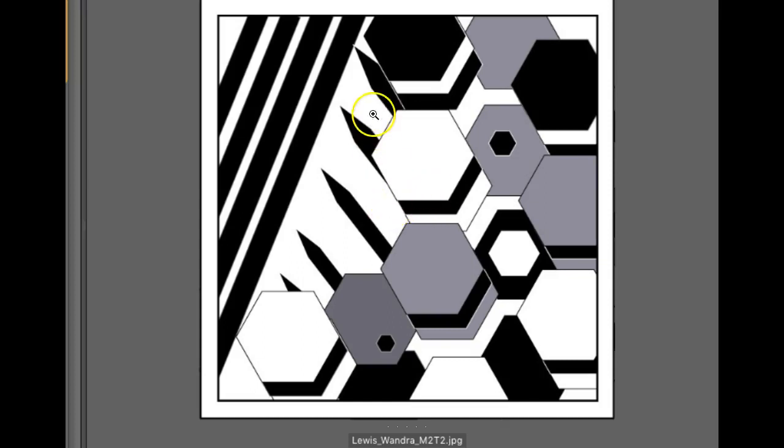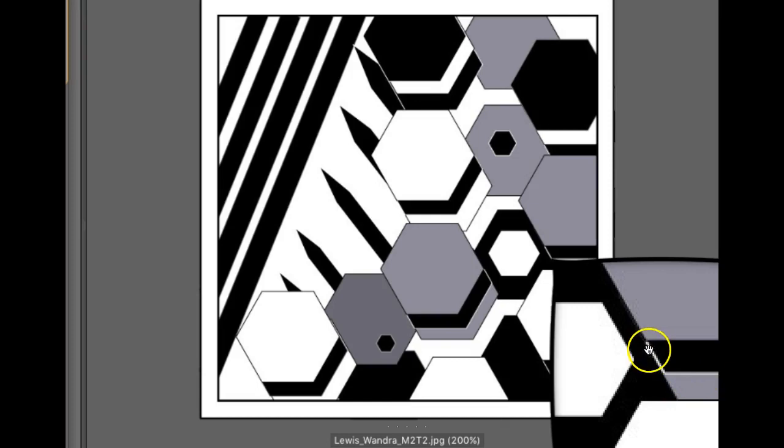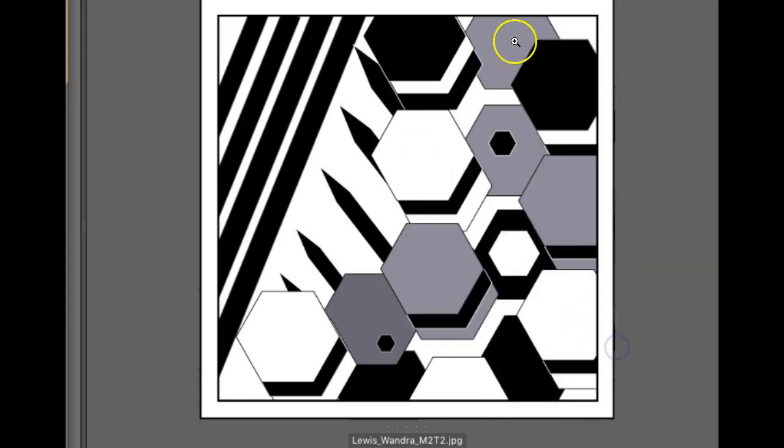I would be inclined in yours to do what I suggested before: either make your strokes bigger so they really stand out, or take them all off. Click on the shapes and just turn them all off. A lot of times what's happening here is you've got these little bits and pieces that we can't really see that well, and they tend to disturb the movement and flow through the design.